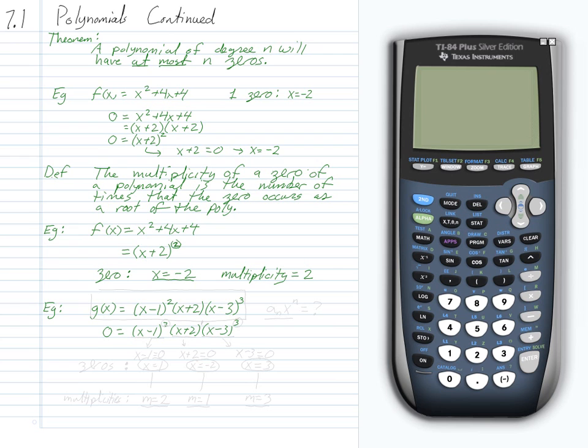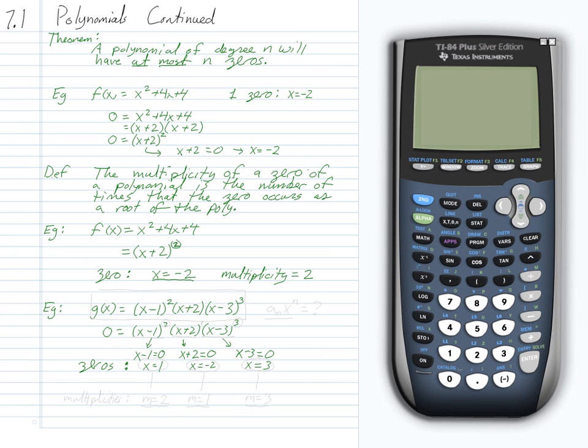So this factor of x minus 1 is 0 if x is 1. This x plus 2 factor is 0 if x is negative 2. And this third factor, x minus 3, is equal to 0, thereby satisfying the equation only if x equals 3. So here we find all of the zeros of the polynomial. We found 3 of them.